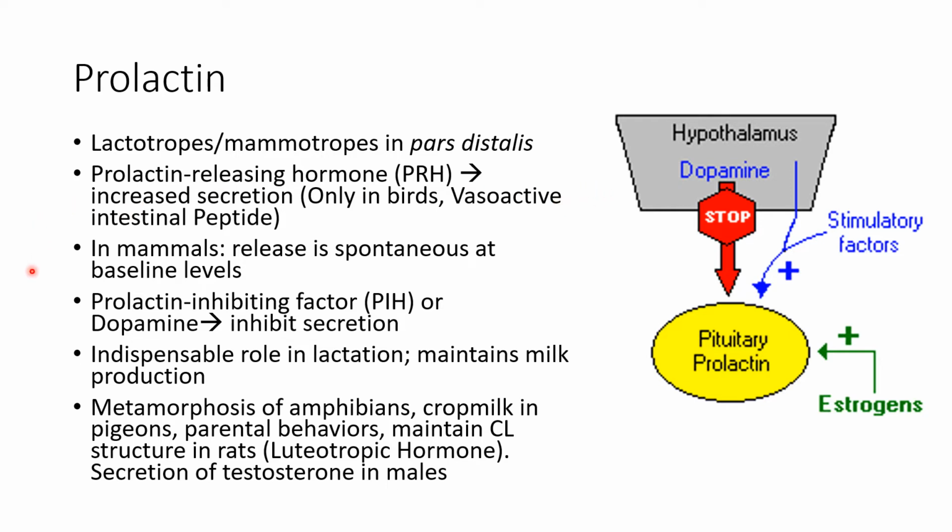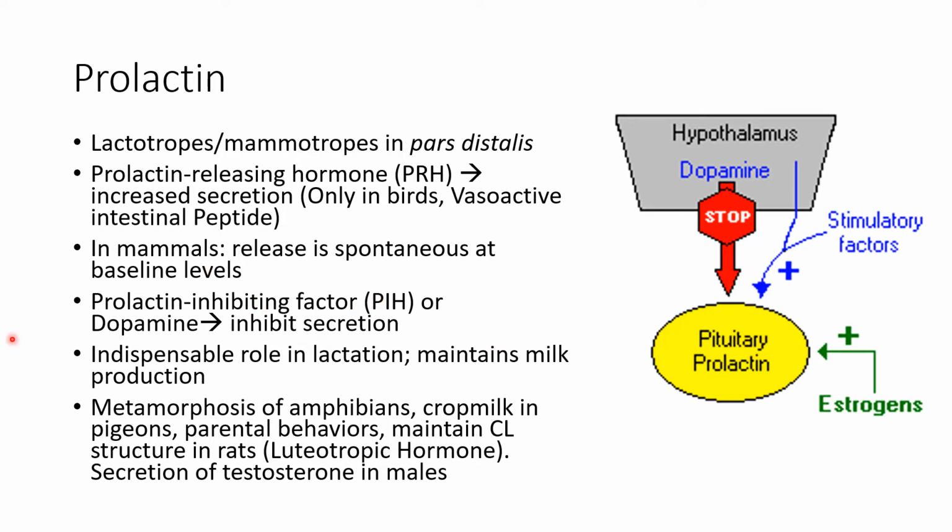Now, in mammals, our references say that its release is spontaneous and at baseline level. What that means is that prolactin is just continuously released. And dopamine, as you saw, would just stop it when the concentration is already too much, so it is just negative feedback.